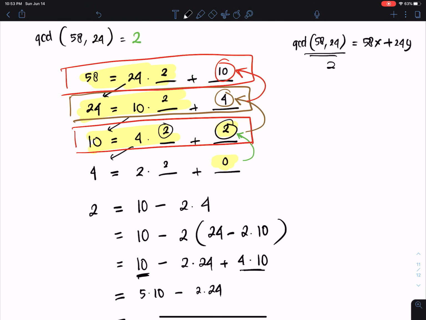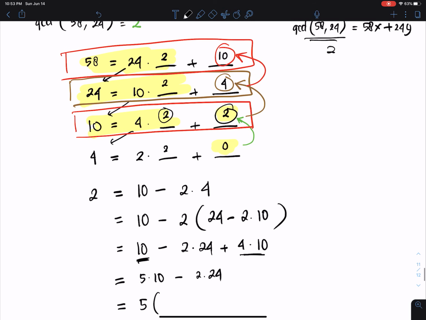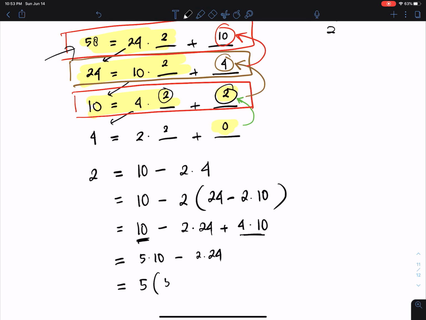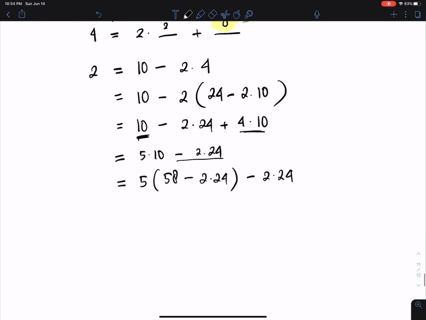So we have here 5 times our 10, which is 58 minus 2 times 24, and then minus 2 times 24. We simplify this because this is already the top row.